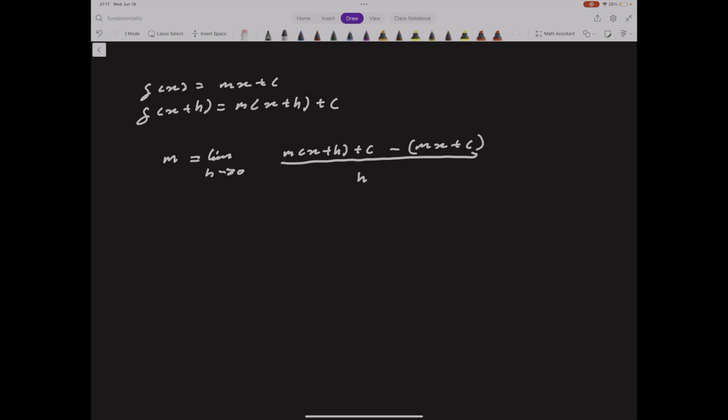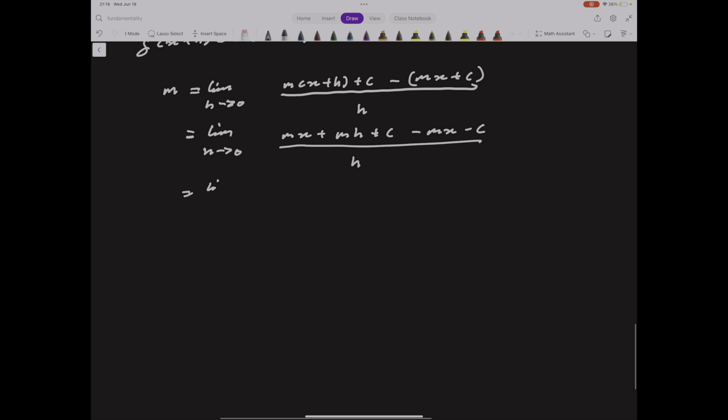Now this is just some mathematical gymnastics. We've got to do some algebra. mx plus mh plus c minus mx minus c, all divided by h, equals the limit as h goes to 0.